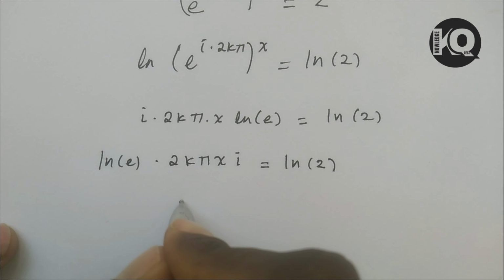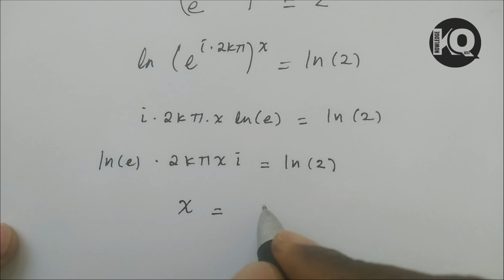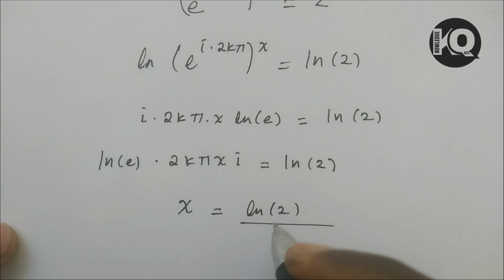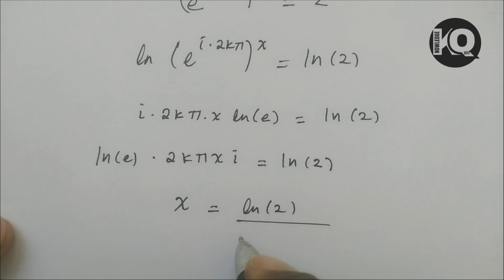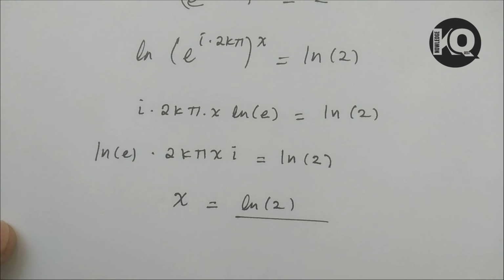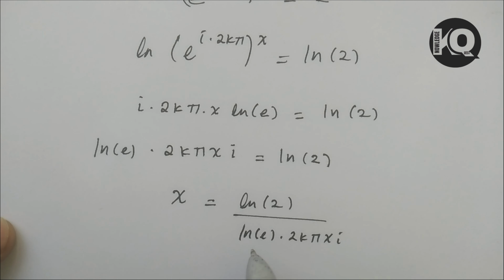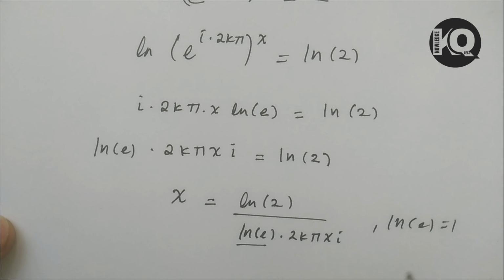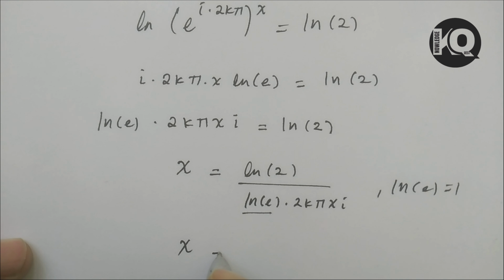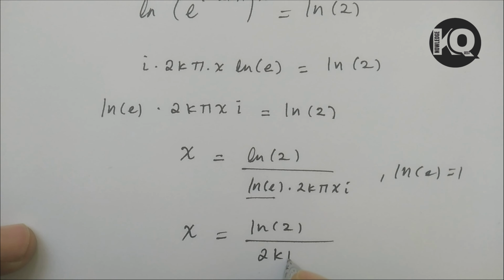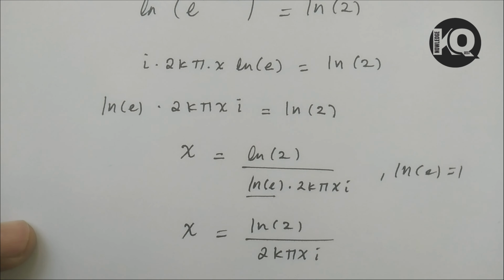So x will be equal to ln of 2 divided by ln of e times 2k pi times i, but here ln of e is 1, so x will be ln of 2 divided by 2k pi times i.